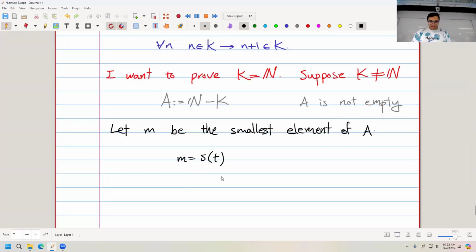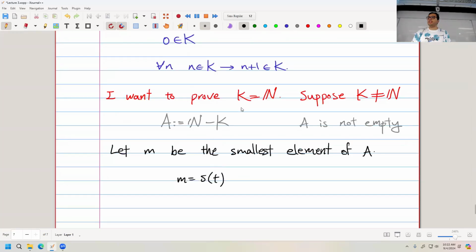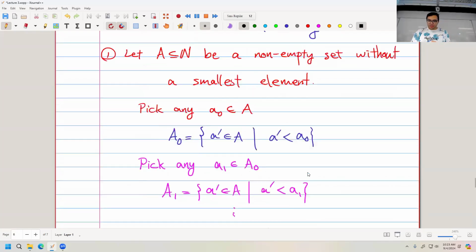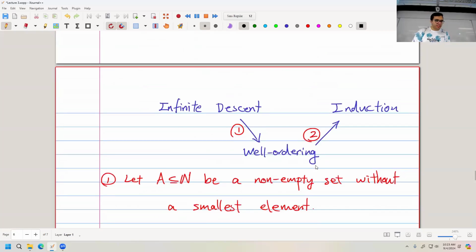Because this is the case, and because M is the smallest element of A, then this T has to be in K. But if T is in K, then T plus 1 is also in K, or again, successor of T is in K. So, but that contradicts with M being in A, because A is the set of all the numbers that are not in K. This contradiction shows that if you have well ordering, you also have induction.